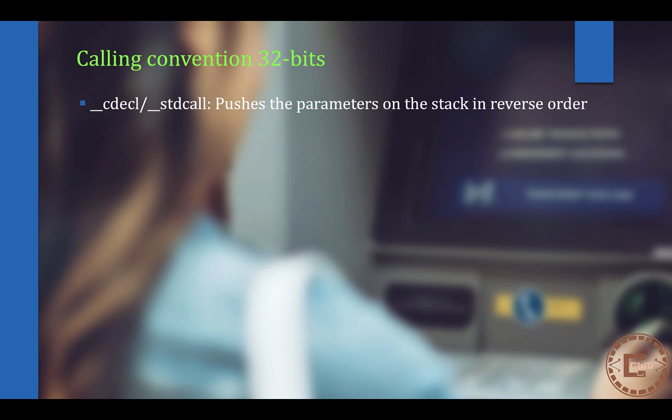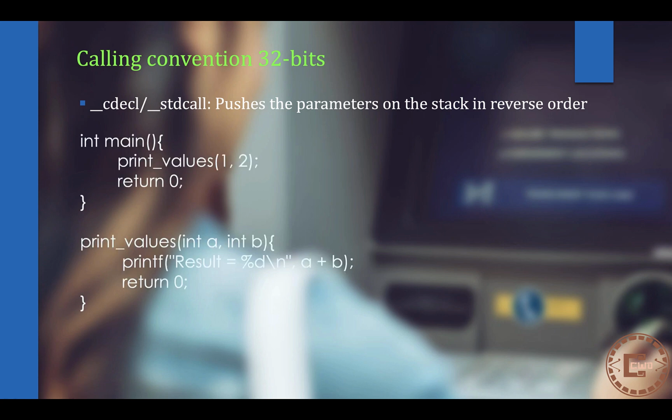It's called stdcall or CDECL. This basically means that the parameters are pushed to the stack in reverse order, the way I just explained. I explained in the previous slides how that works, but let's see it as if this were a debugger. Maybe now you can understand a little bit more, okay?